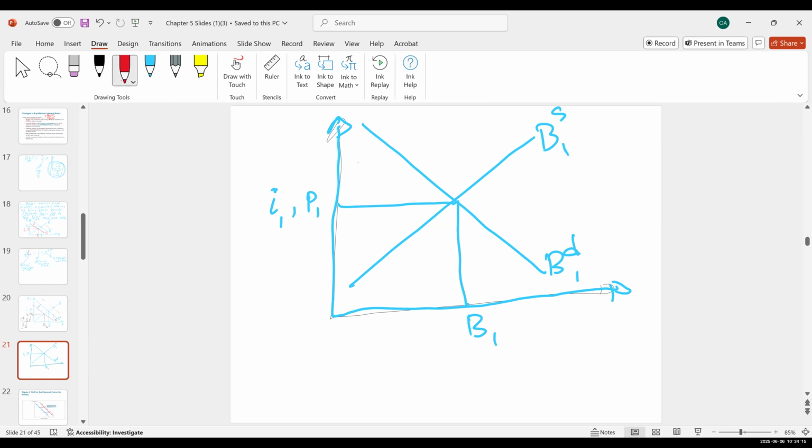The demand for bonds is going to shift to the left, B to D. That's going to lower both the equilibrium quantity and the equilibrium price, but the interest rate will rise. There you go. But if the bond market becomes less risky, then the demand will shift to the right, so it will have the opposite effect.